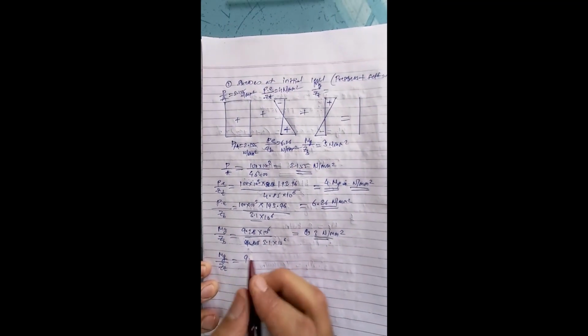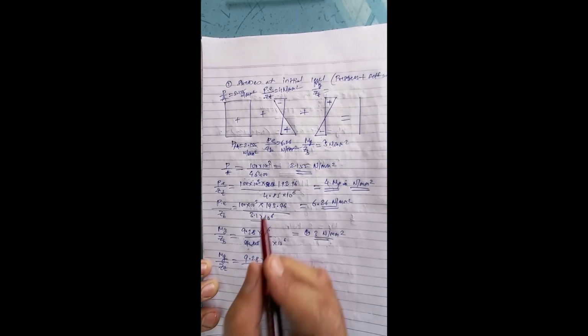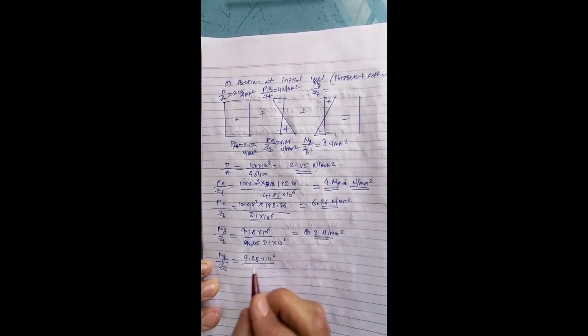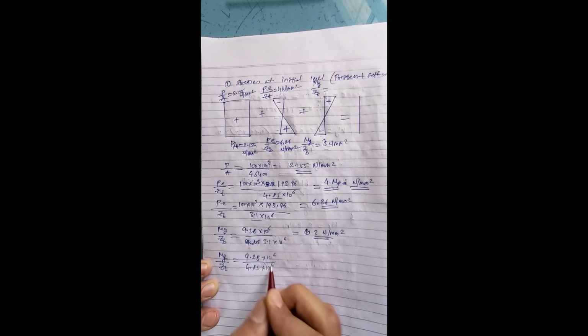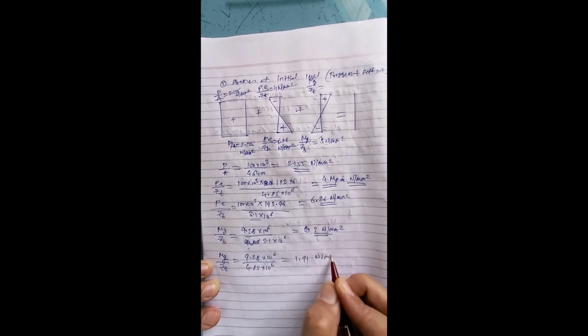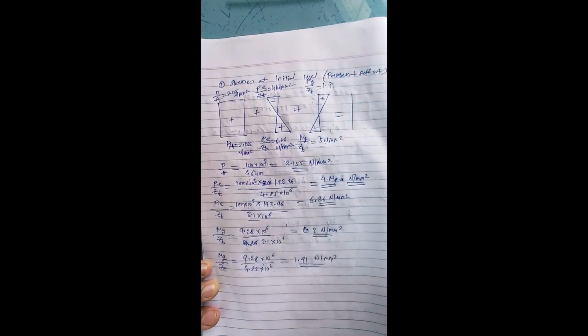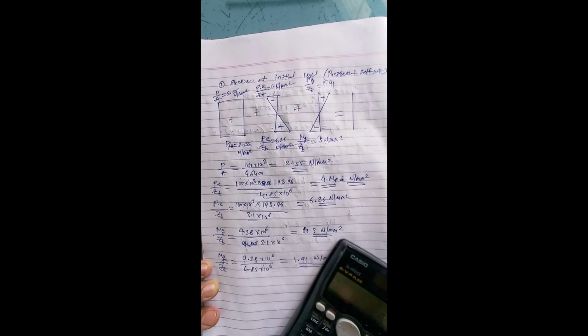Mg by Zt will be 9.28 into 10 raised to 6 Newton mm, Zt value is 4.85 into 10 raised to 6. Stress will be 1.91 Newton per mm square. Now algebraic summation of these.